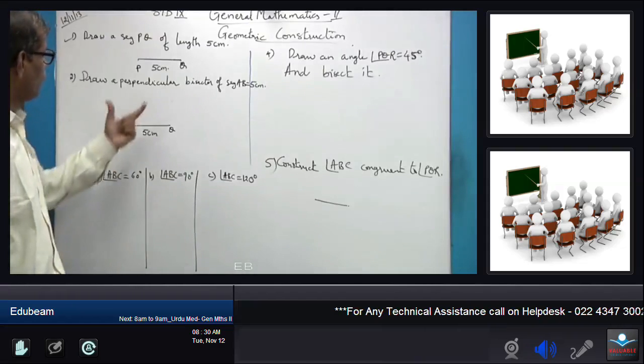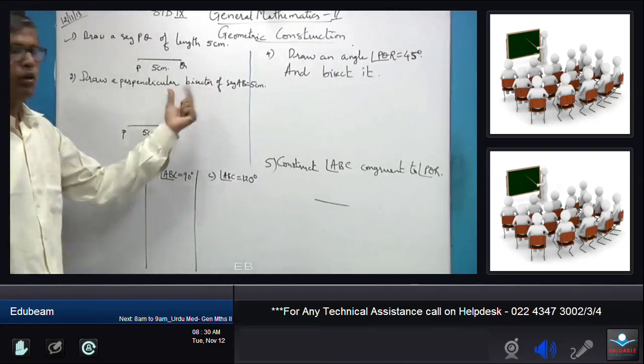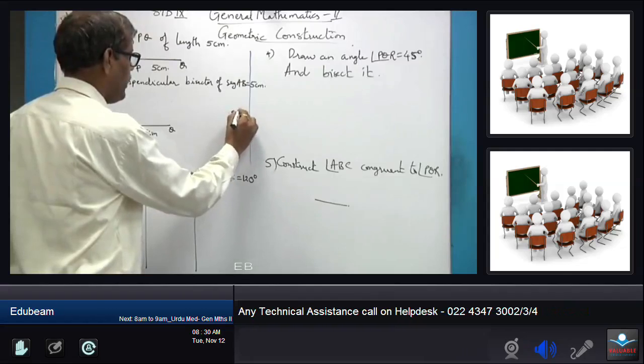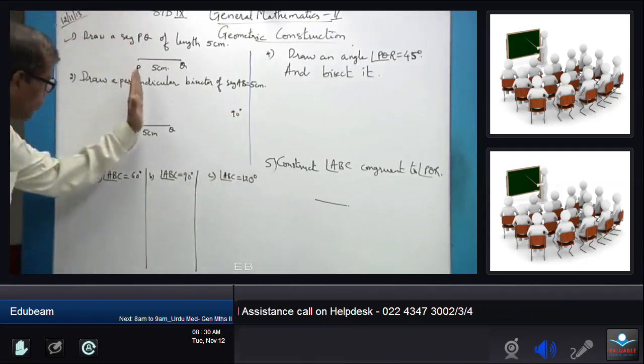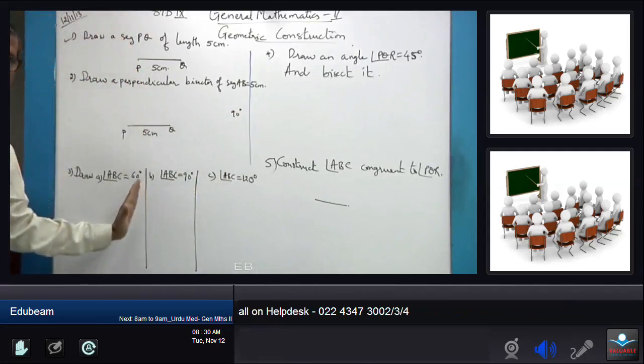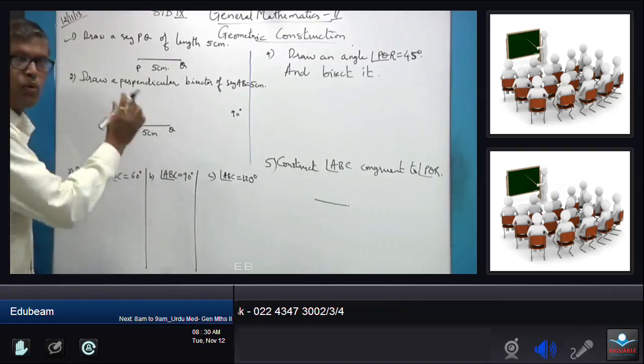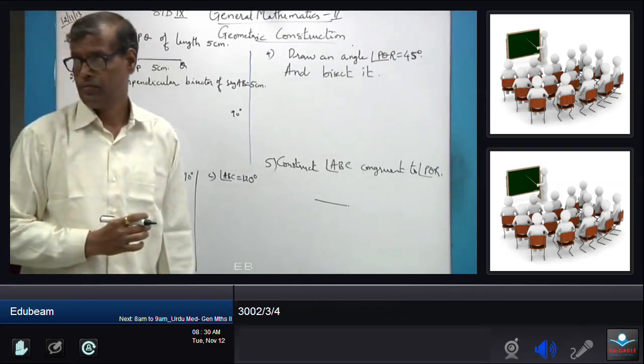The second is the perpendicular bisector. Perpendicular means a 90 degree angle. You have to draw a perpendicular line and make this into equal halves, 2.5 and 2.5.